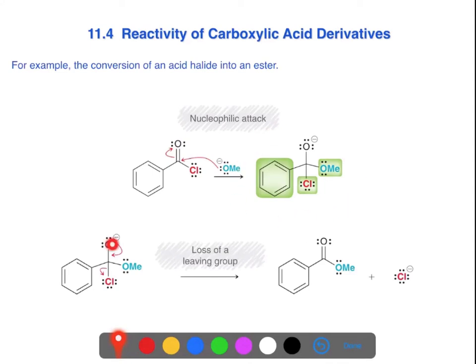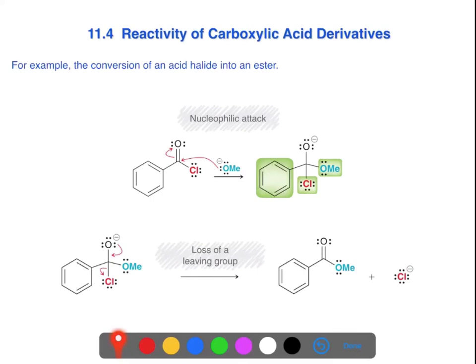We have reformation of the pi bond, and we kick out the chlorine atom as a chloride, reforming our carbonyl. The net result is a substitution of that original chlorine atom for that incoming nucleophile, the methoxide. And so our net result is the formation of an ester, and as a side product, we've lost the chlorine atom as a chloride.